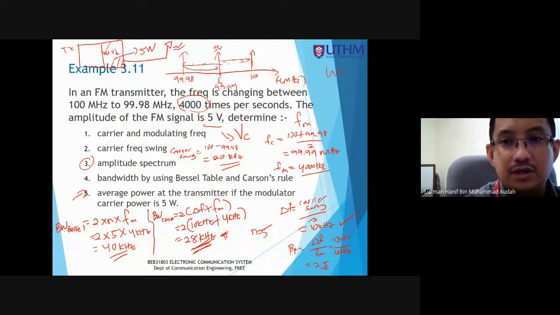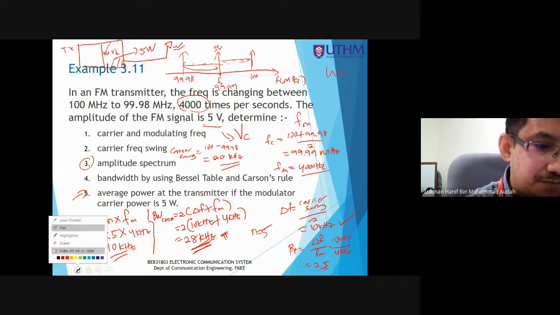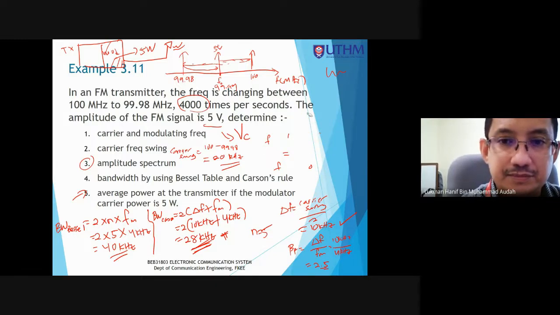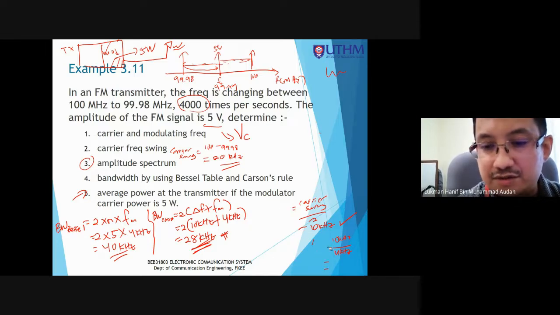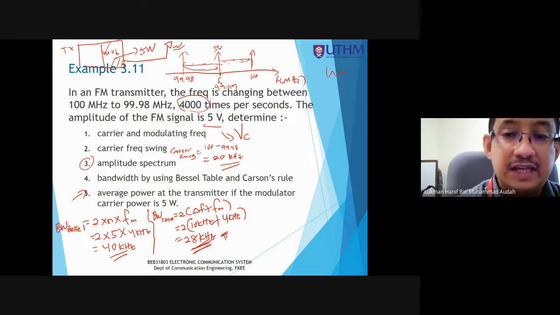Where should I draw this? Let me erase this one. Okay, I erase this one. So the total power that we learned in the previous slides is actually the transmitter power, the power that we deliver to the antenna.